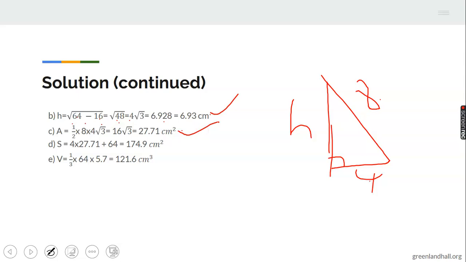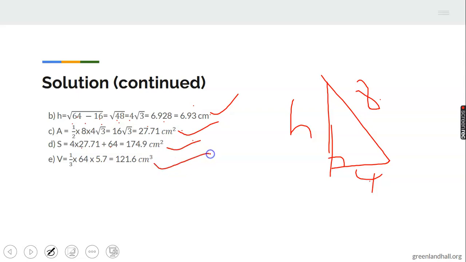So the total surface area of that pyramid will be this area plus this area, plus the base area, which is 64. And that one will give us 174.9 centimeter square.